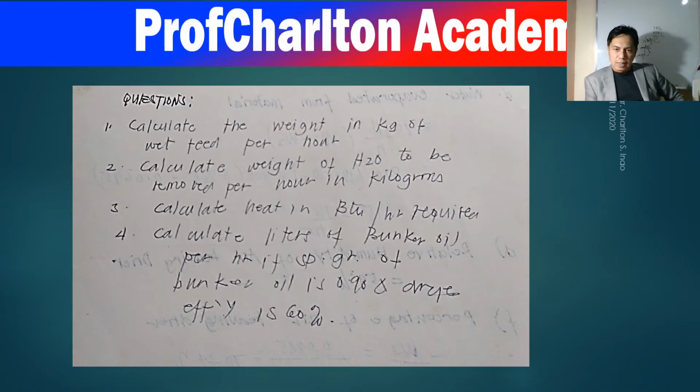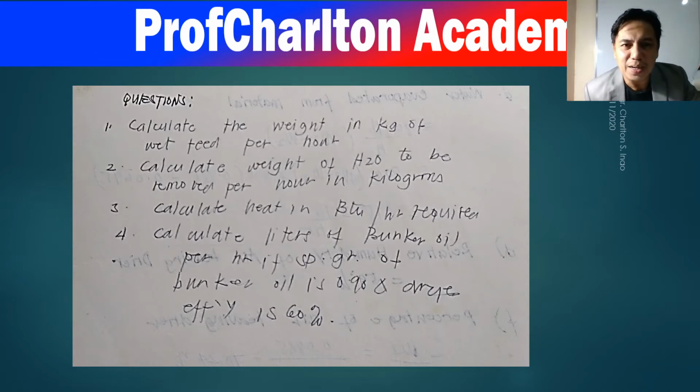Number four: calculate liters of bunker oil per hour, meaning the volume flow rate of the fuel, because volume of fuel is in liters, especially in the metric system, if the specific gravity of the bunker oil is 0.9 and dryer efficiency is 60%. So those are the problems.